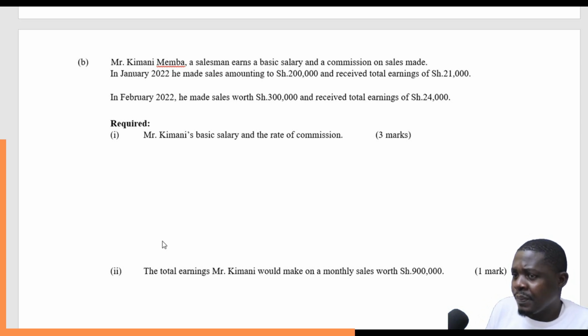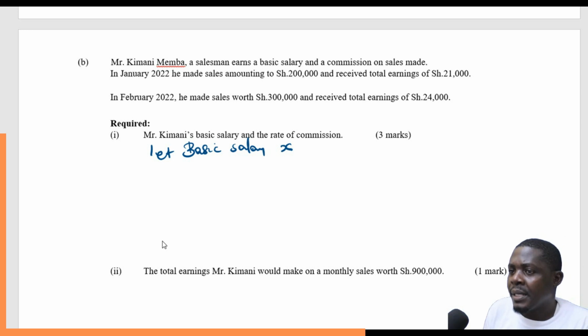Let's take the basic salary to be X. Mr. Kimani had a basic salary, so we are going to have X plus a particular commission, let me say Y over 100, multiplied by 200,000, to determine the commission he got.